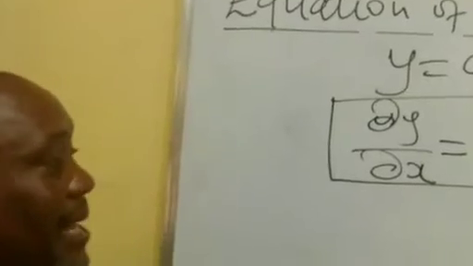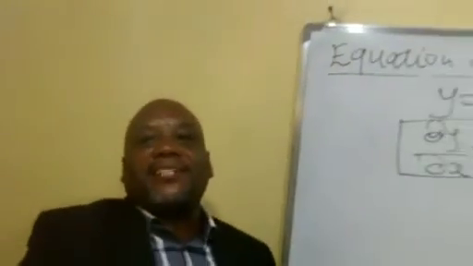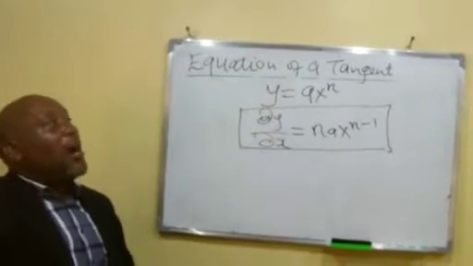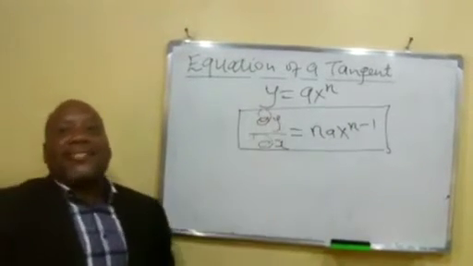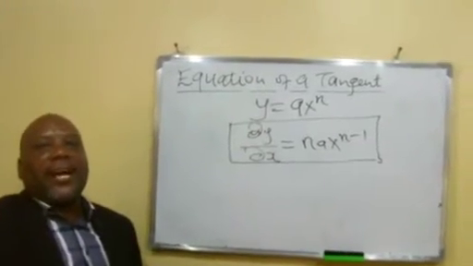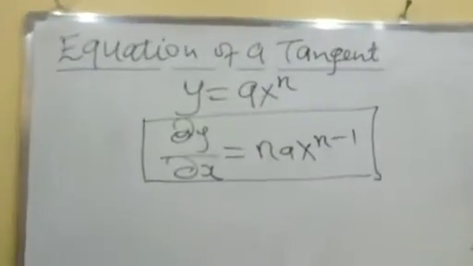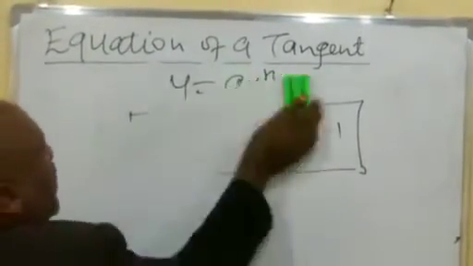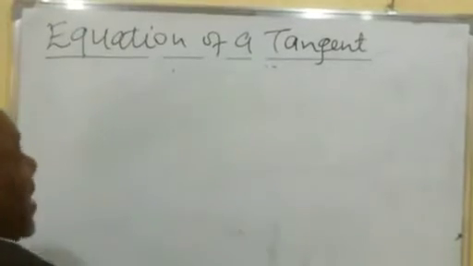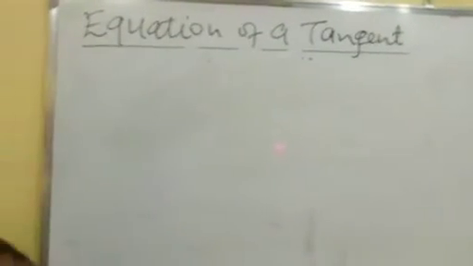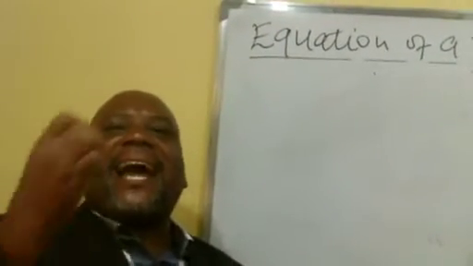So today, I want us to move further and consider how we can get the equation of the tangent to any given curve. Given a function, a tangent is a line that touches a curve.